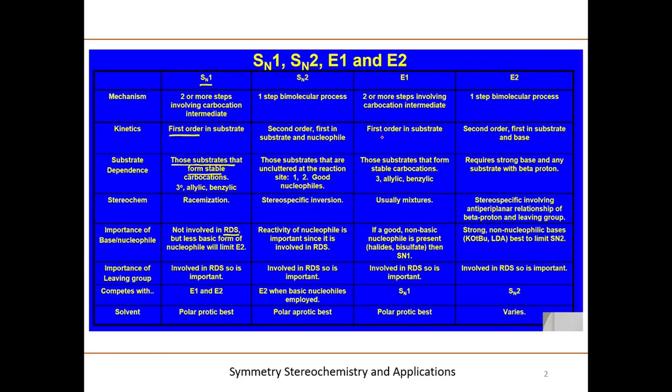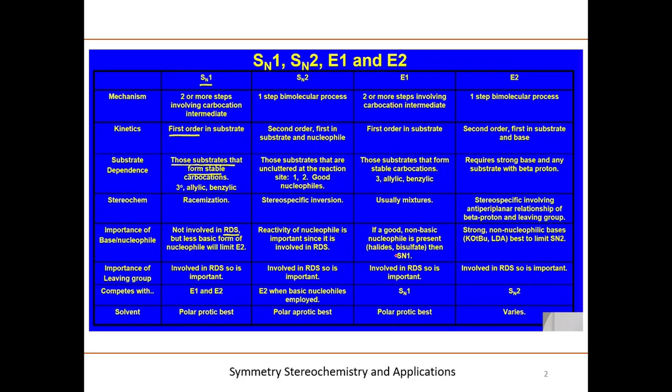As you can see here, the kinetics also depends on the first order in substrate, same as SN1, and the products that are formed are based on the stability of the carbocation, same as the SN1 reaction. In this case also we are getting mostly a mixture of two compounds.